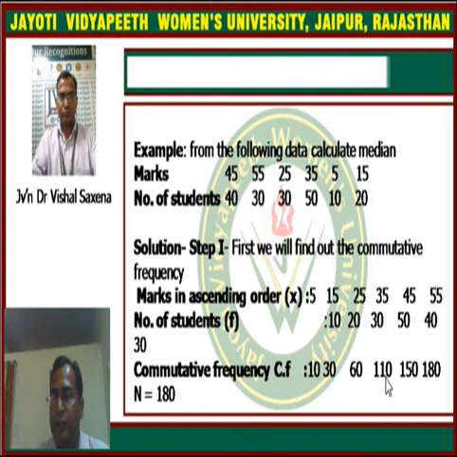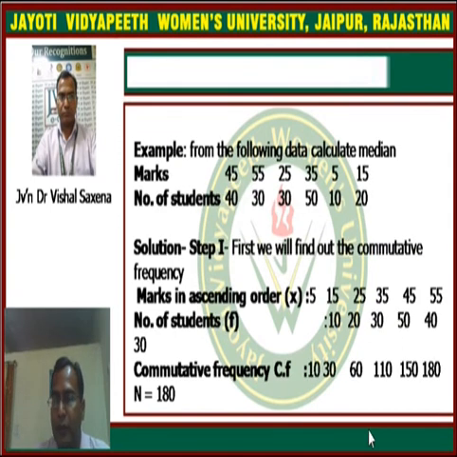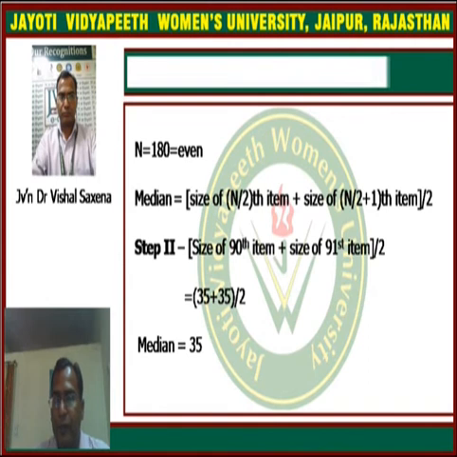Corresponding to this 110, we find the size of the 90th item, and it is 35. So the size of the 90th item is 35 and the size of the 91st item is also 35. So 35 plus 35 upon 2 is equal to 35.